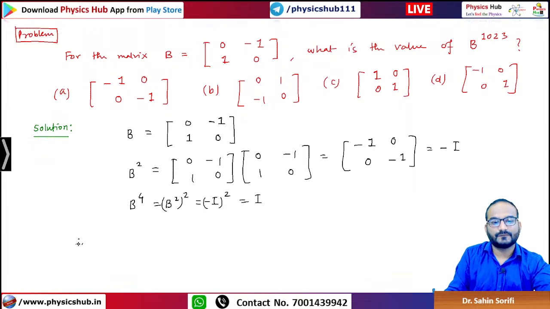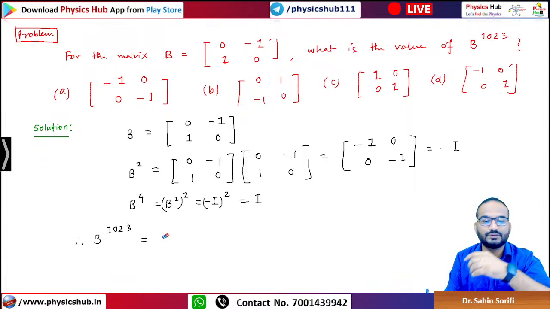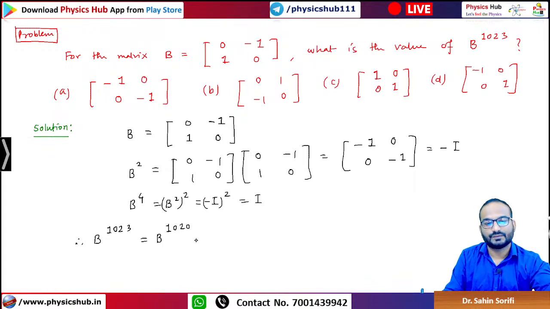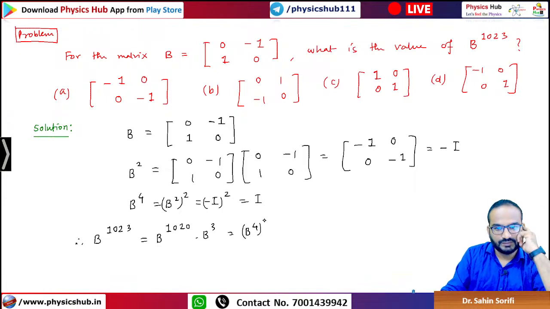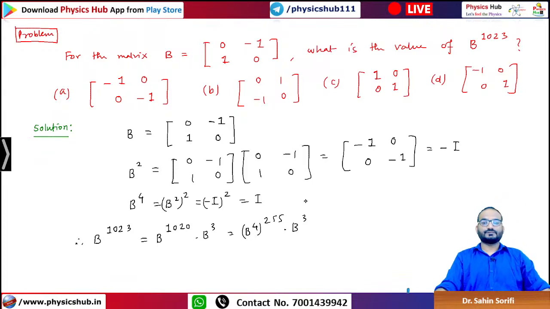Now you can easily think of finding the value for 1023. So we can write it as b to the power 1020 times b cube. 1020 is divisible by 4, so we can write b to the power 4 times 255, and what is the value of b cube? b square is equal to minus I, so b cube will be minus b, right?